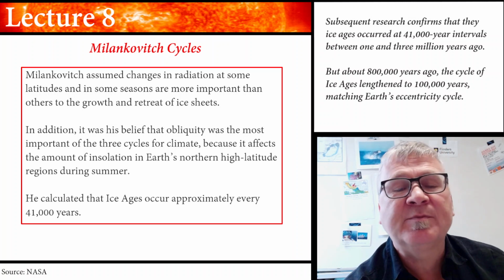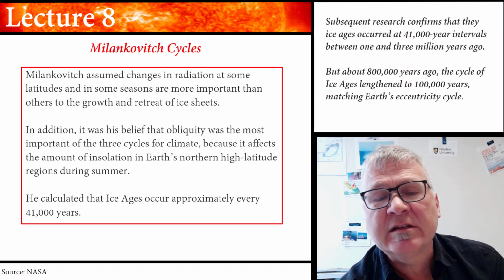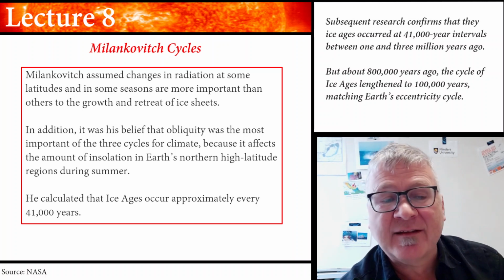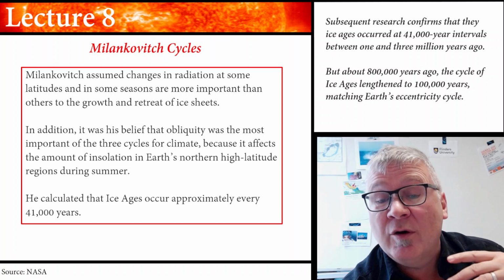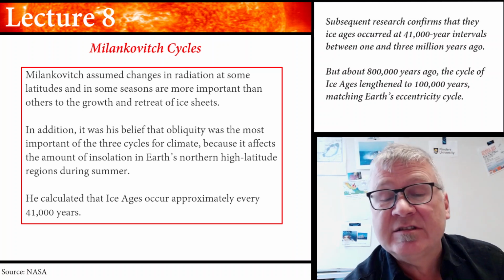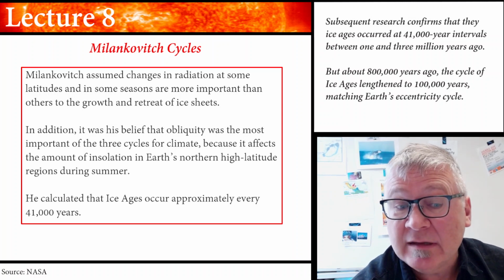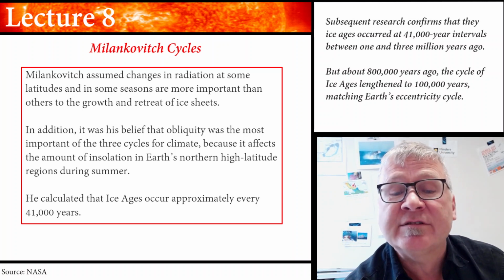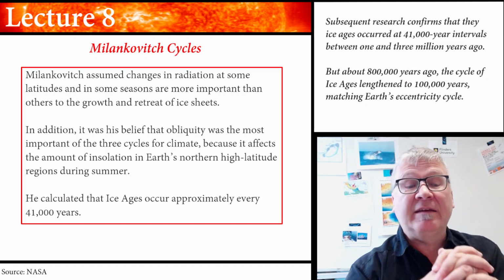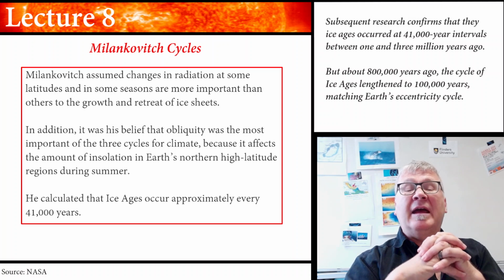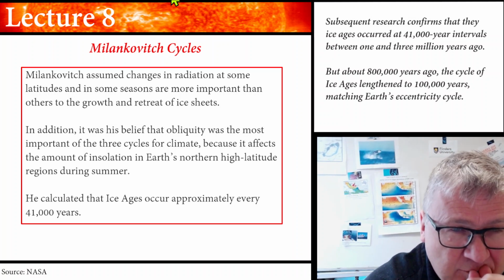In addition, it was his belief that obliquity was the most important of the three cycles for climate because it affects the amount of insolation in the Earth's northern high latitude regions during summer, which influences melting in that region. He calculated that ice ages occur approximately every 41,000 years. Okay?